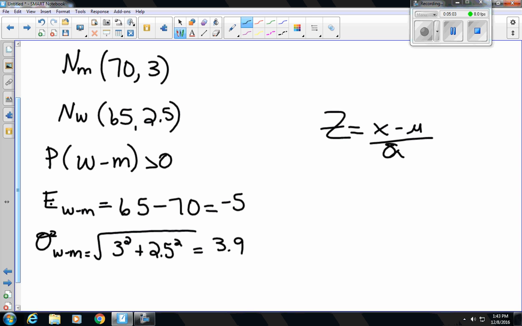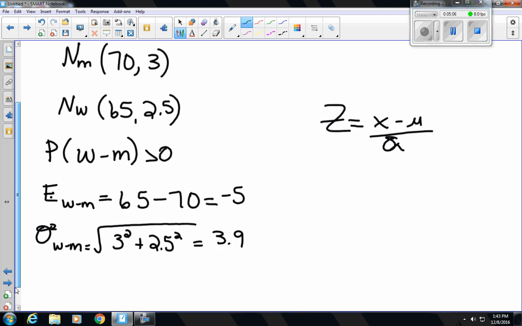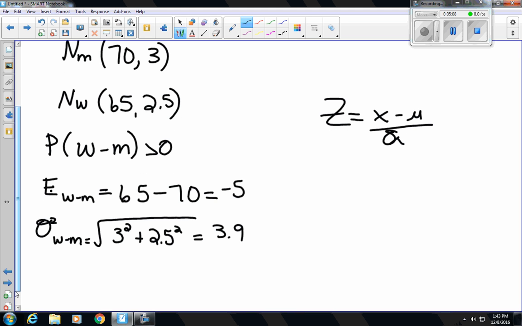So now, this would actually be a great AP free response question. Now that I've done this, I actually have a normal model of women minus men, which looks like what? -5, 3.9. That's what my model looks like now. It wants to know the probability that a randomly selected married woman is taller than a randomly selected married man.